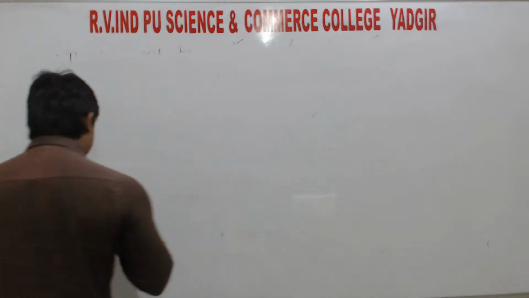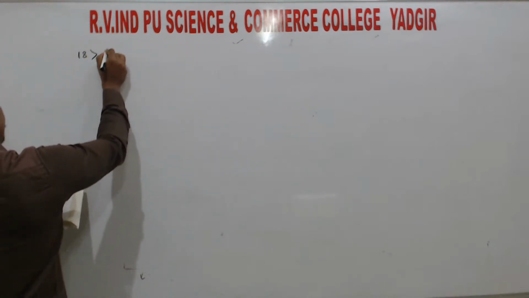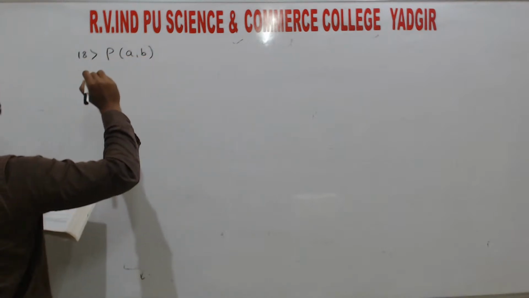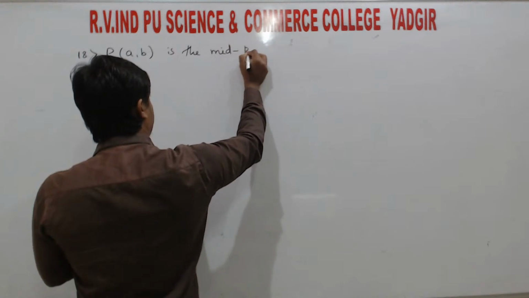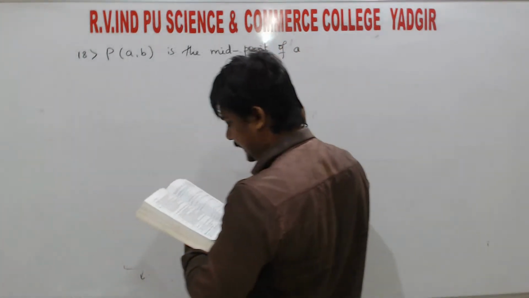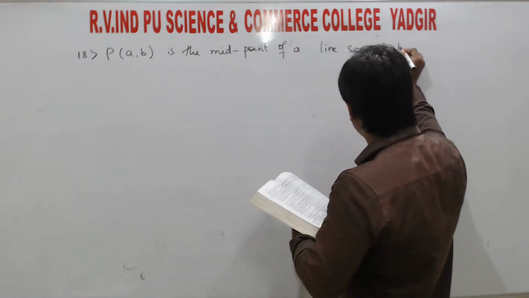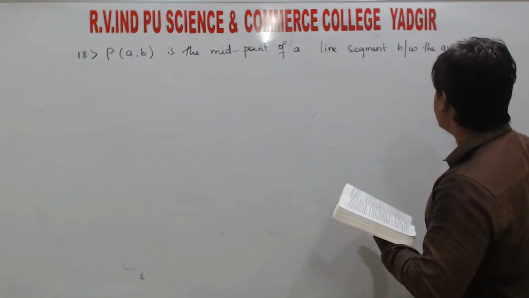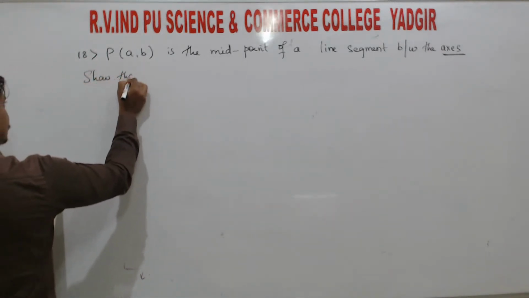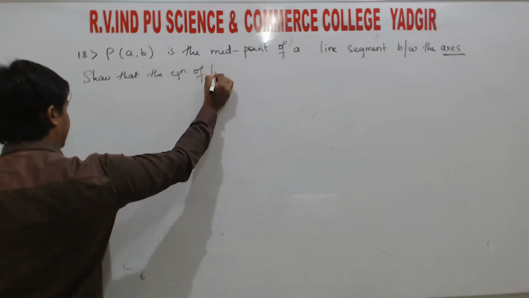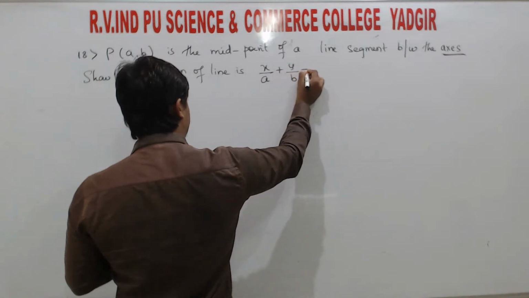So we'll move with question number 18. P(a, b) is the midpoint of a line segment between the axes, show that the equation of the line is x by a plus y by b is equal to 2.